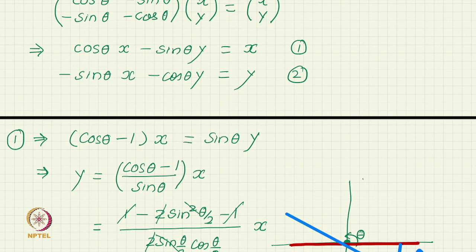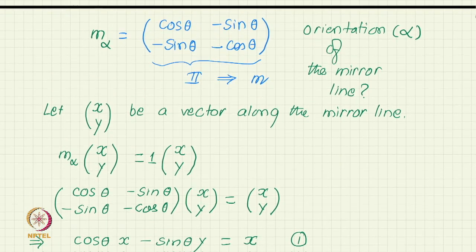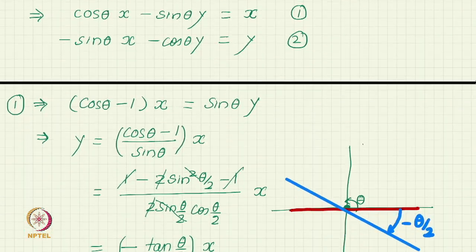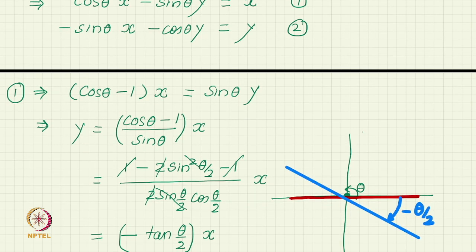The two operations are non commutative, that is what we calculated. m 0 r theta turned out to be m minus theta by 2.